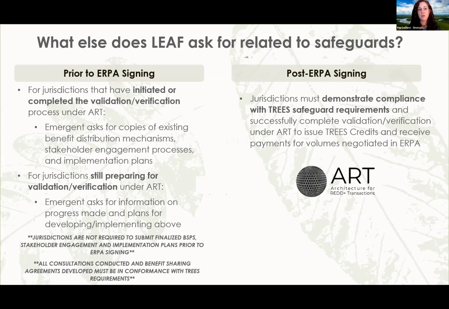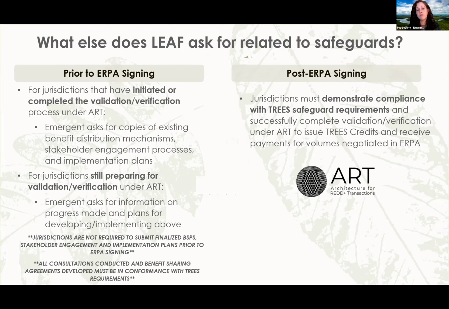So for jurisdictions that have already completed or initiated the validation and verification process under ART, they've actually finalized their documentation and submitted it to the ART Secretariat. We just ask for copies of the relevant information or documents that relate to benefit distribution, stakeholder engagement, and implementation plans.